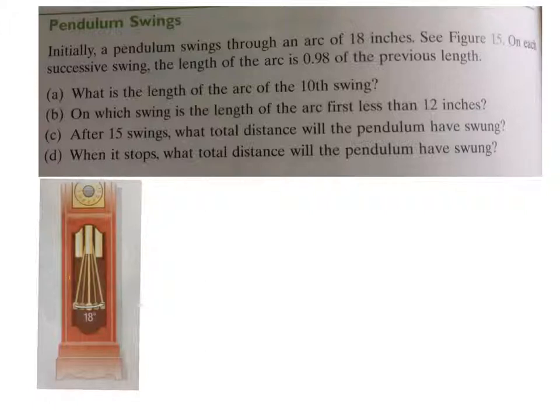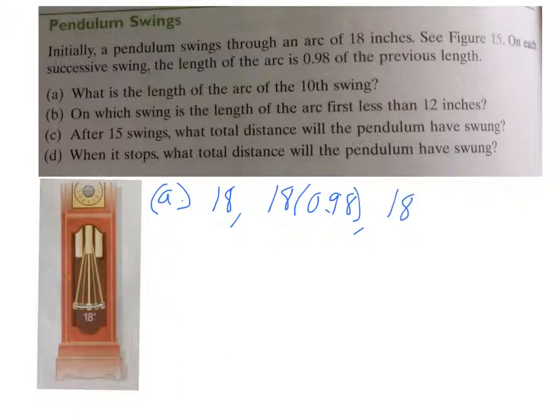All right, part A: what is the length of the arc of the 10th swing? In the first swing, it's 18 inches. On the second swing, it's going to be 18 times 0.98. On the third swing, it's going to be 18 times 0.98 times 0.98, which is the same as multiplying by 0.98 two times.